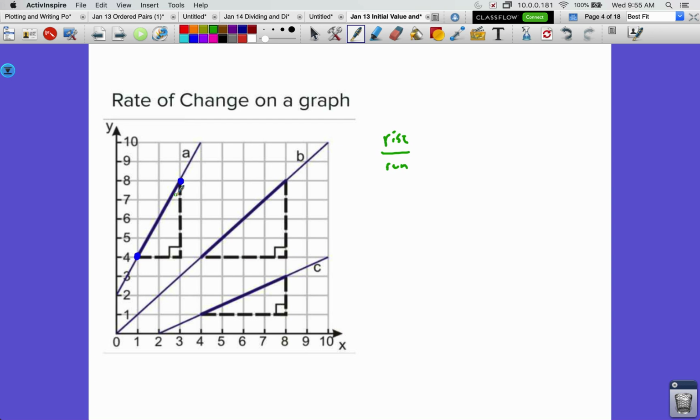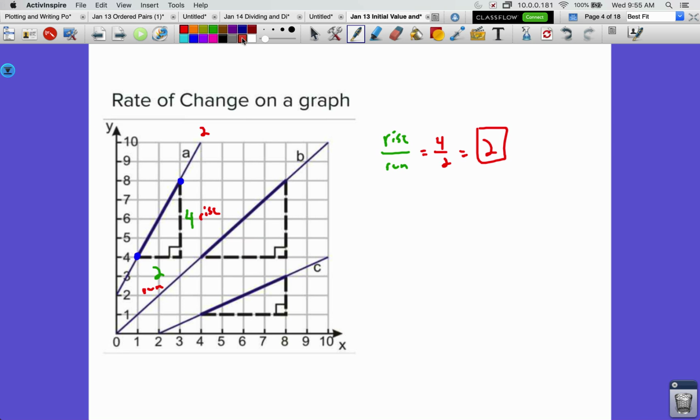So I'm traveling from here to here, but I'm going along these dotted lines. I go right 2, then up 1, 2, 3, 4. So the rise over run of this, well, the 4 is the rise, the 2 is the run. The rise over run of that first line is 4 over 2, which equals 2. Let's put a little 2 right there.